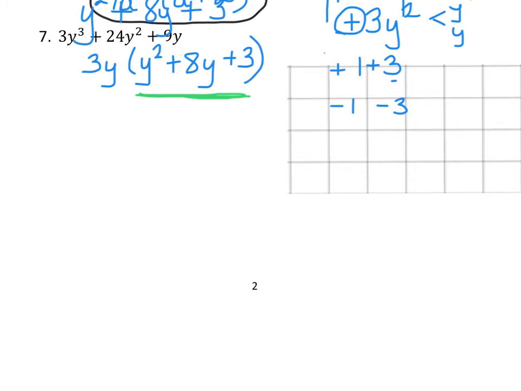But the issue here is that 1y times 3y gives me positive 4y, and minus 1y minus 3y gives me a sum of negative 4y.